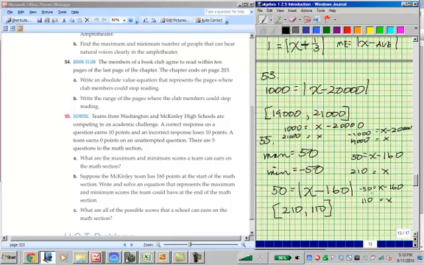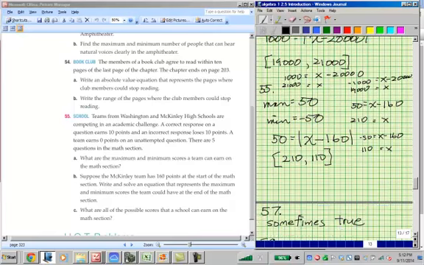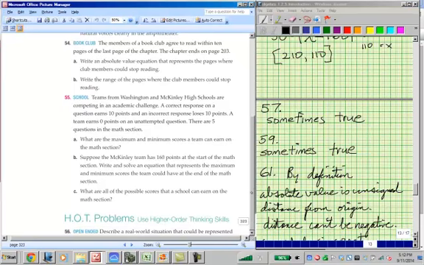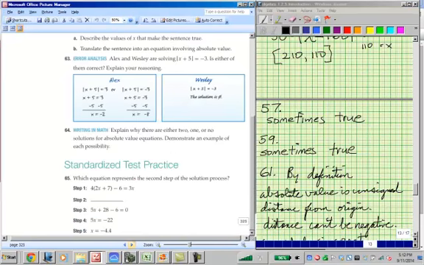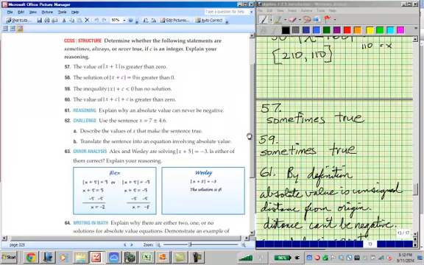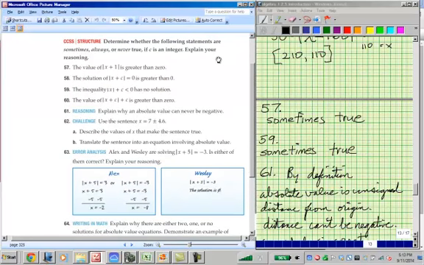When they say solution, they mean x. Well, x would have to be negative 6, so it would definitely not be bigger than 0. However, c could be negative, like negative 6, and then x would be greater than 0. So it's sometimes true.